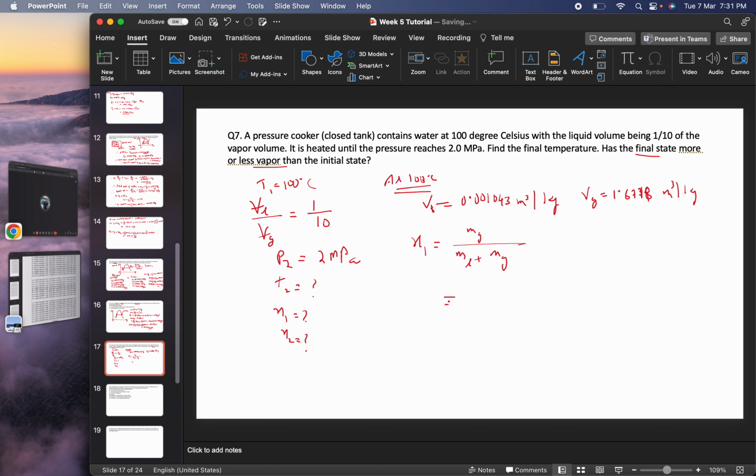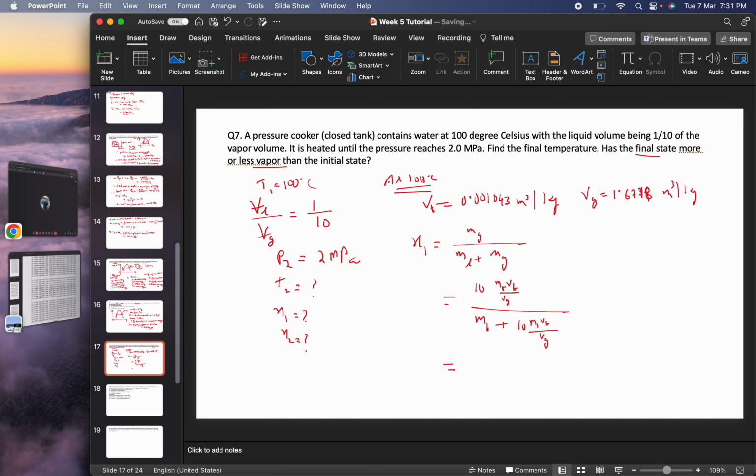Okay, so we can write it as 10 into mf Vf by Vg divided by mf plus 10 into mf Vf divided by Vg.